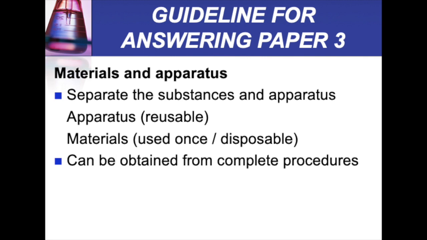It is not a big problem if students are unable to separate them. Sometimes students forget to write down certain apparatus or material in the answer script. Never mind. As long as you have a complete labeled diagram, the examiner is still able to deduce the apparatus or material from it.